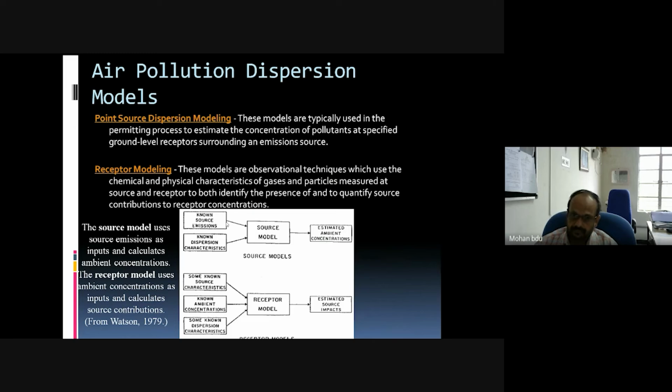The data from the air monitoring instruments can be used in the receptor model, like the chemical mass balance model, or the positive matrix factorization model, or even a simple PCA, that is principal component analysis.